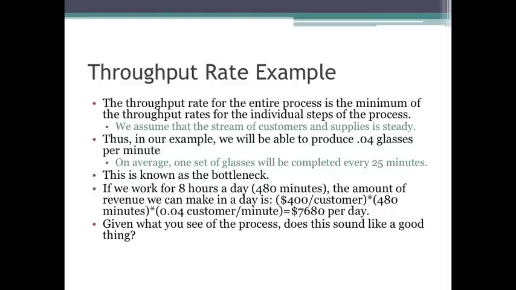This is our bottleneck. This limits the throughput rate for our process. Now, if we were to work 8 hours a day, the amount of revenue we could make in a day: $400 per customer, times 480 minutes, times 0.04 customers per minute, comes to $7,680 per day. That said, we can do better.